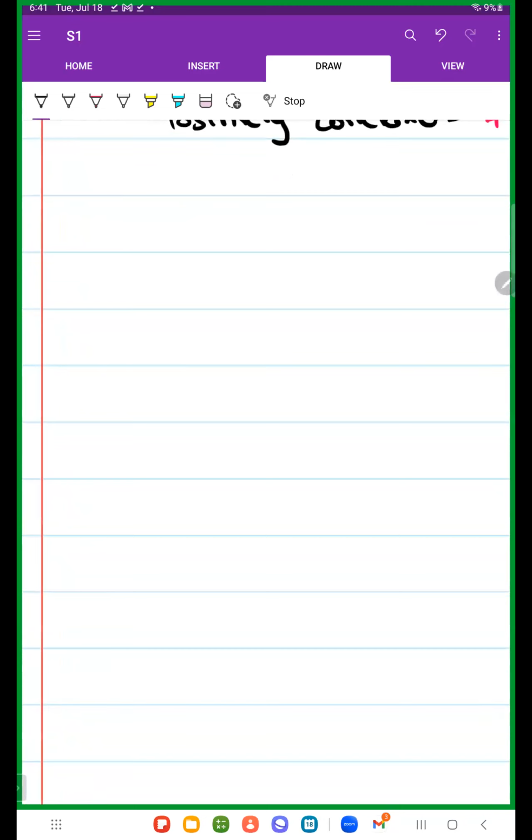Example 3 says the daily mean wind speed W knots and the daily maximum gust G knots were recorded for the first 15 days in May, in the UK.